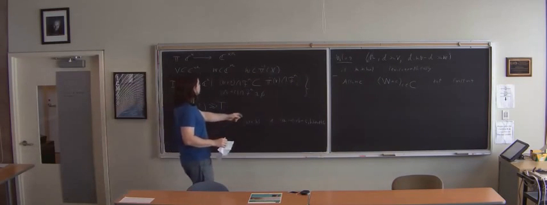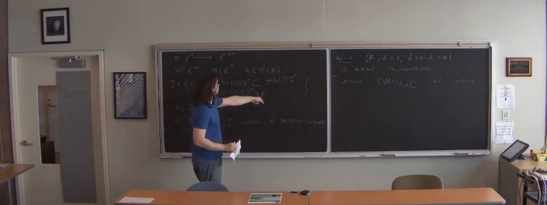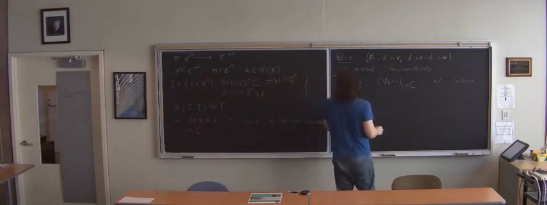All of these translates satisfy that they sit inside C to the n, they have some piece, and they're inside the preimage of V. Okay?